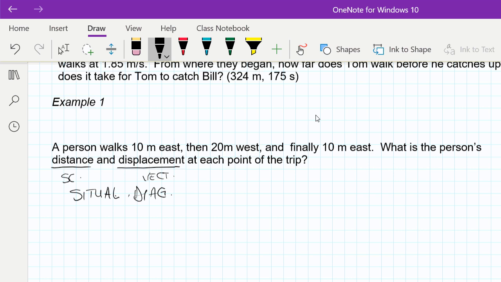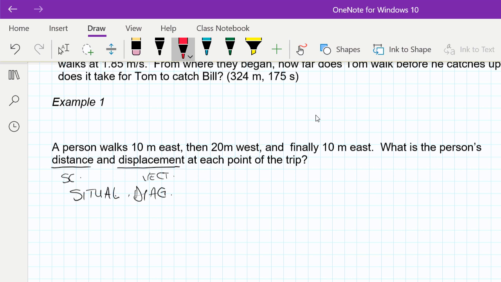A situational diagram is a simplified way, a picture, of what is happening in the motion. So in this case it is what is happening with this person, and we can draw a stick person or nothing. This person is moving 10 meters east and then 20 meters west and then 10 meters east again.